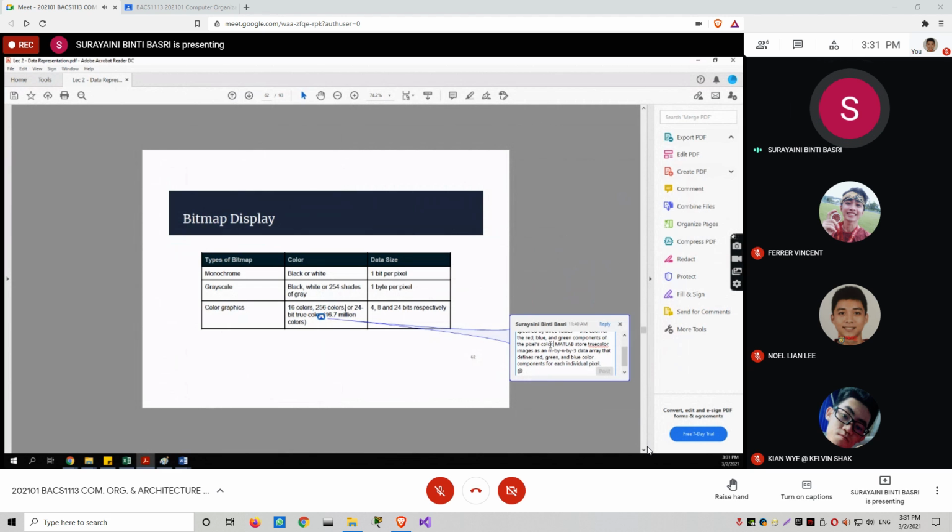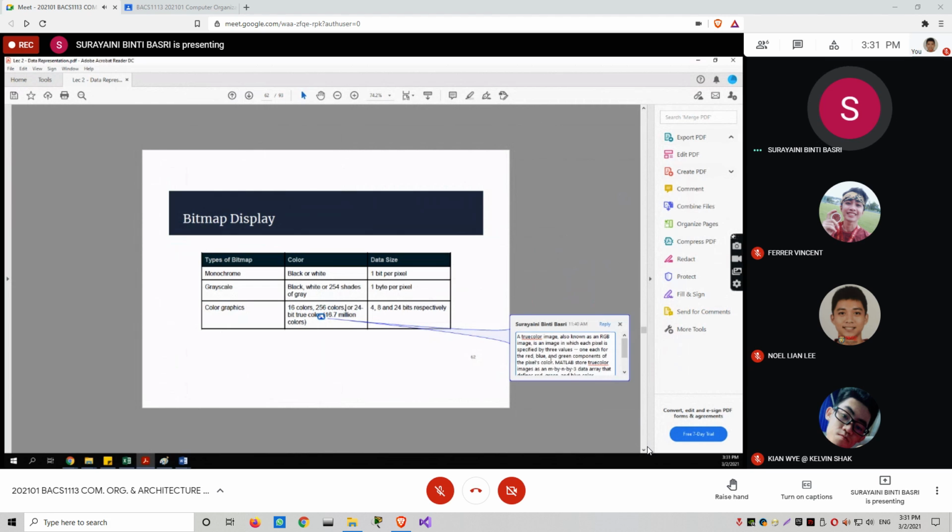MATLAB is a system usually used for artificial intelligence processing. So MATLAB software stores a true color image as an m by n by 3 data array that defines the red, green, and blue color components for each individual pixel.